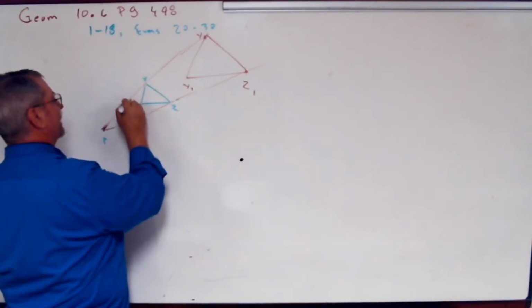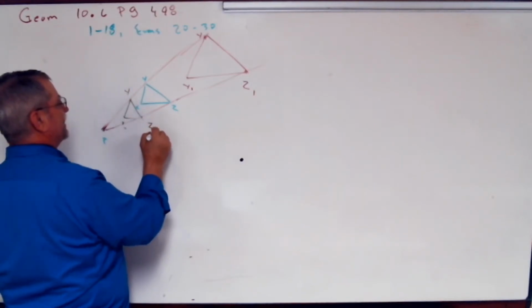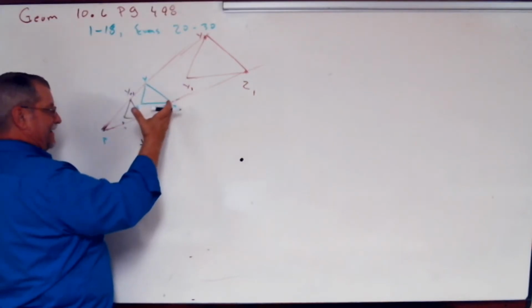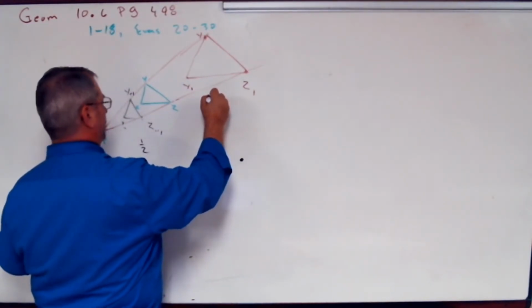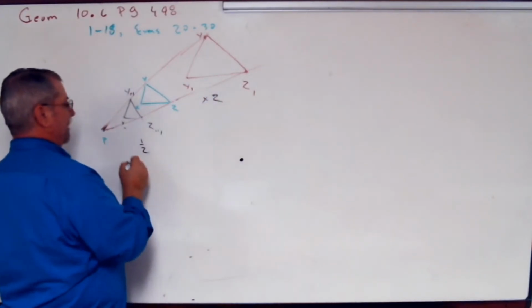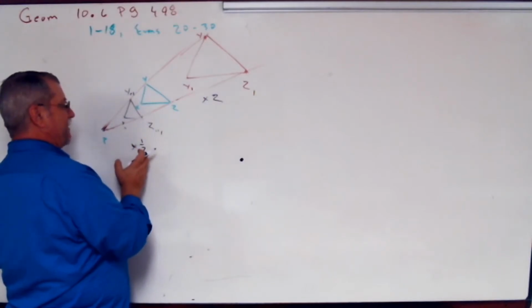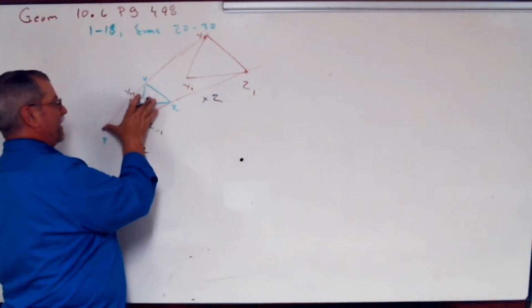This distance here would be cut in half. Here is my new one, Y, Z. This is a dilation getting smaller. This is a dilation getting bigger. Okay, times half, times 2. This is the amount of dilation from the point of dilation to my object.